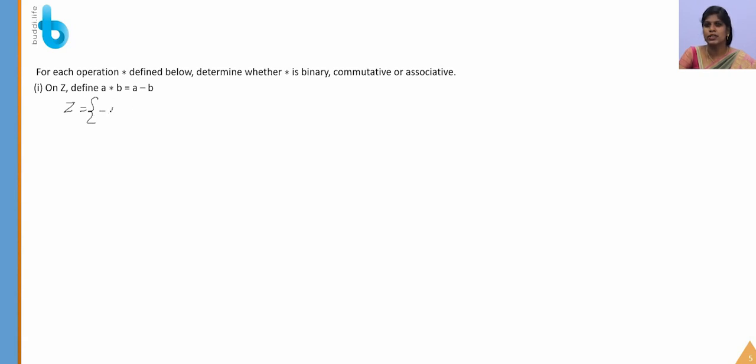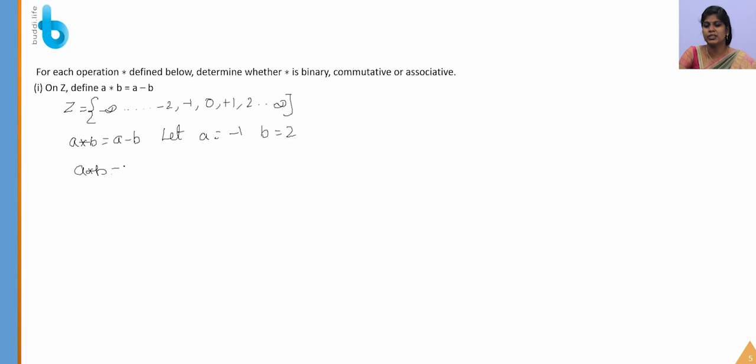So Z is what? The set of all numbers, positive numbers, negative numbers including 0, that is, the set of all integers. And they have defined A star B equal to A minus B. Let us take A equal to minus 1, B equal to 2.